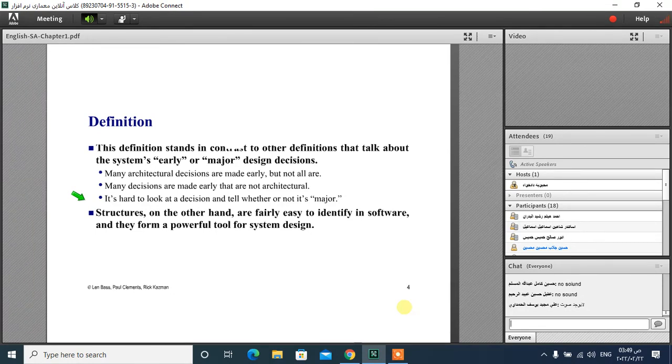The next point is that it's hard to look at a decision and say whether or not it's major. We cannot distinguish the major ones based on a clear definition.